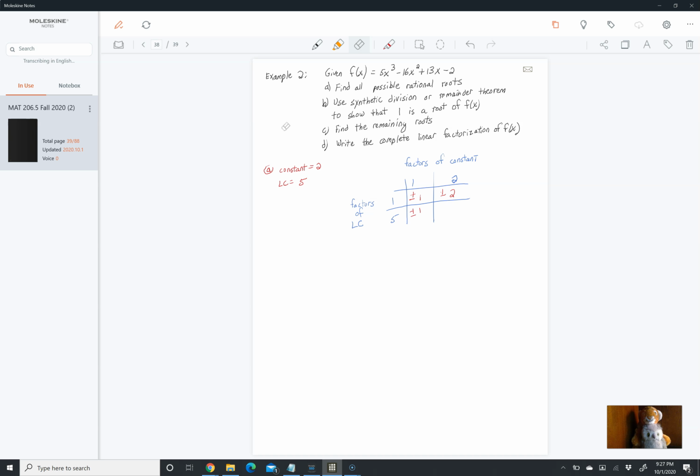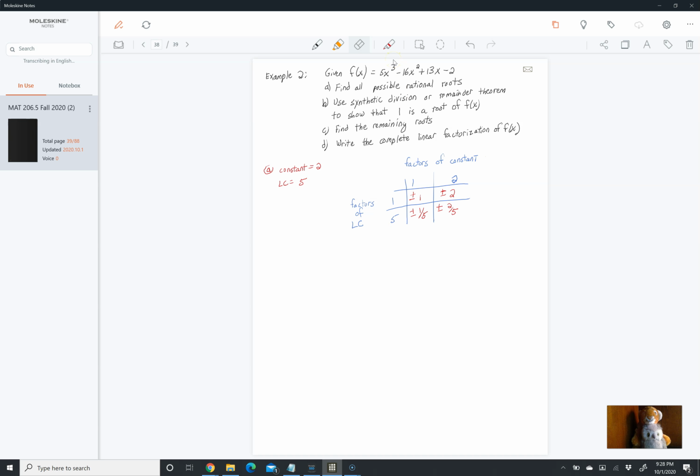Plus or minus 1 over 5, that cannot be simplified, so we just leave it. Plus or minus 2 over 5, also can't be simplified. So there are only 8 possibilities here, okay? And this is a plus or minus. There's no repetition, you wouldn't cross out. We're done with part A.